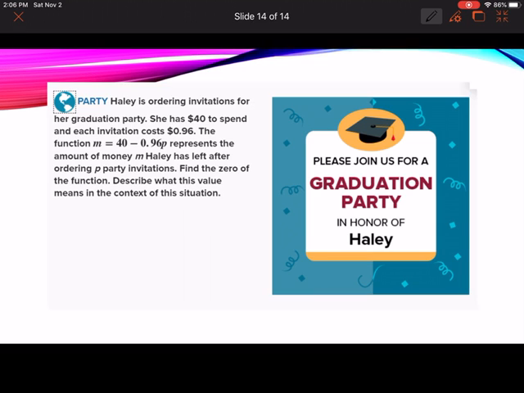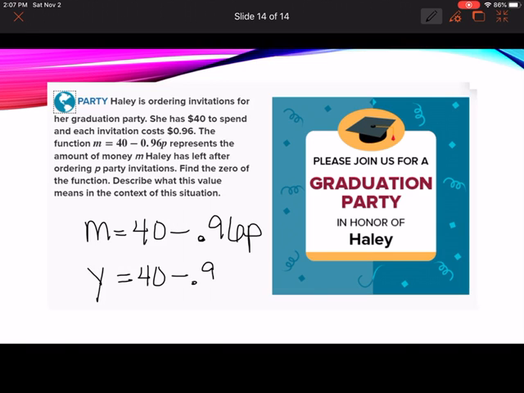So I have m equals 40 minus 0.96p. So I did not put this one in there because I want you to see me put it in. So we're going to change m to y and p to x.